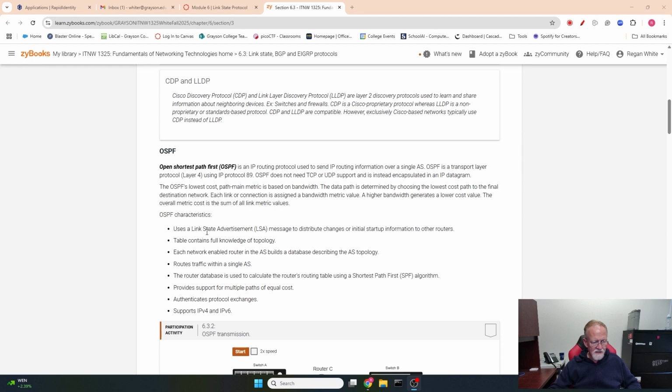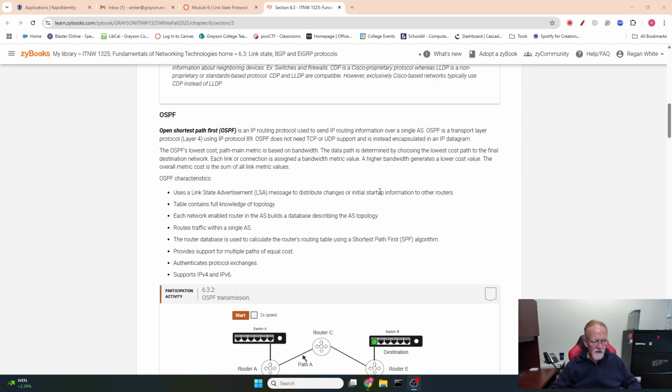It uses a link state advertisement message to distribute changes or initial startup information to other routers. So it sends out information about its network in the beginning. The table contains full knowledge of topology. So it also establishes a routing table with a complete topology of the entire network.